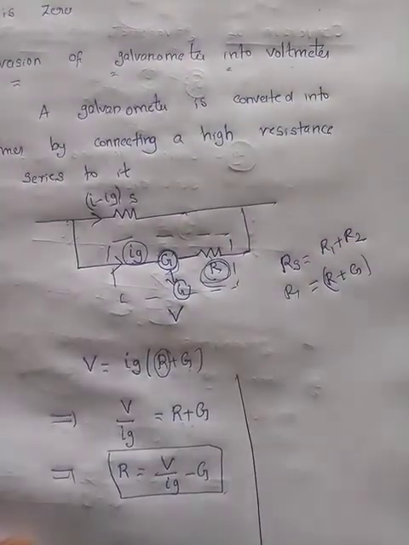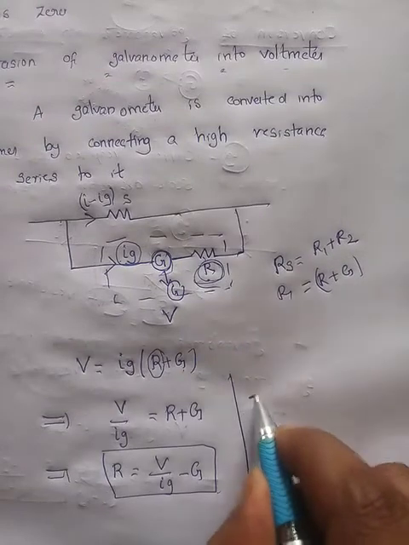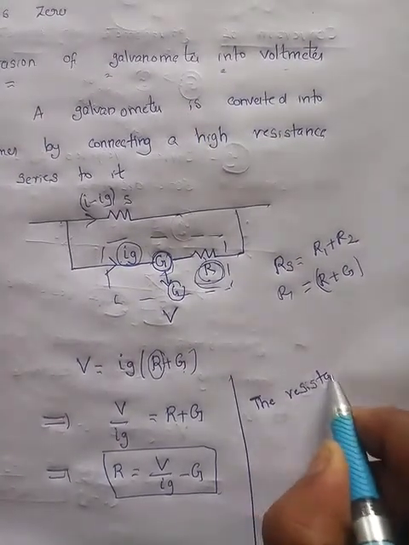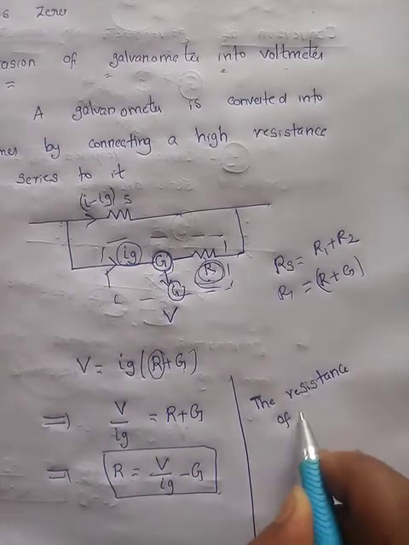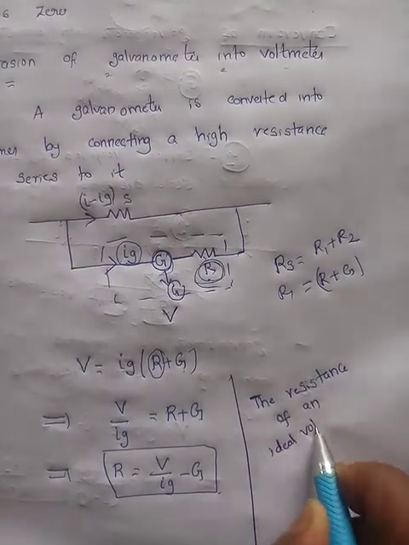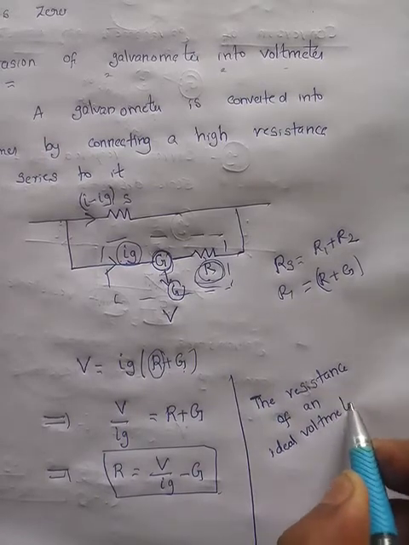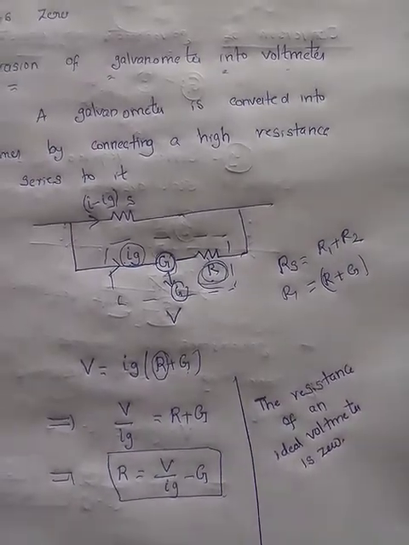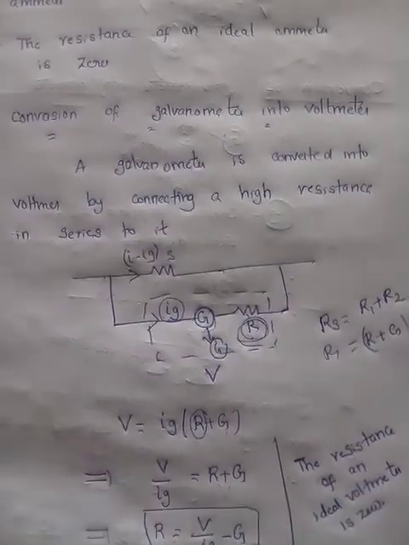Here, the resistance of an ideal voltmeter is 0.